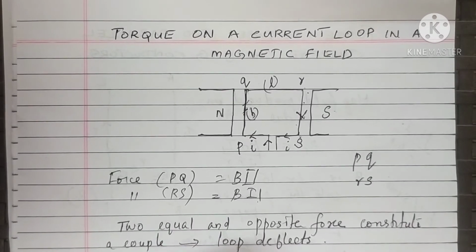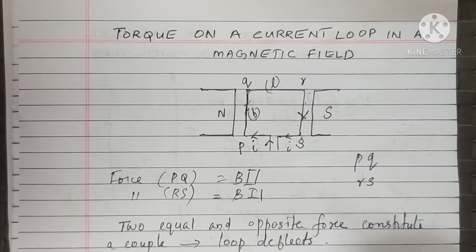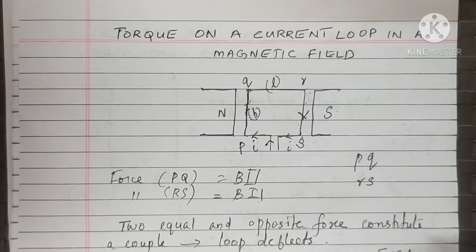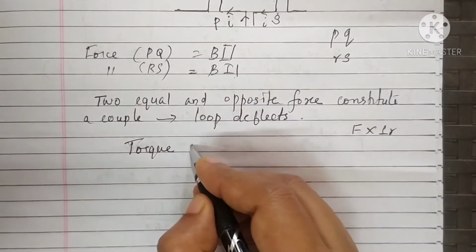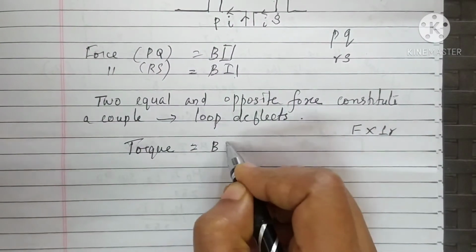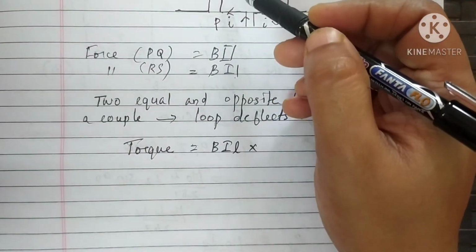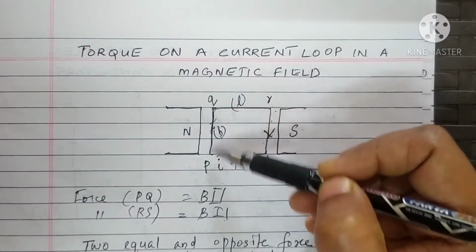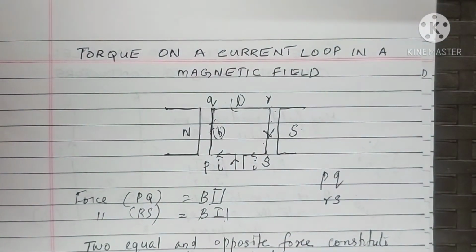So what about the torque experienced by the loop? Torque means force into the perpendicular distance. The force experienced is equal in magnitude, so you can write BIL into the perpendicular distance between the two forces. The perpendicular distance here between the two forces is B. So you will write it as B.